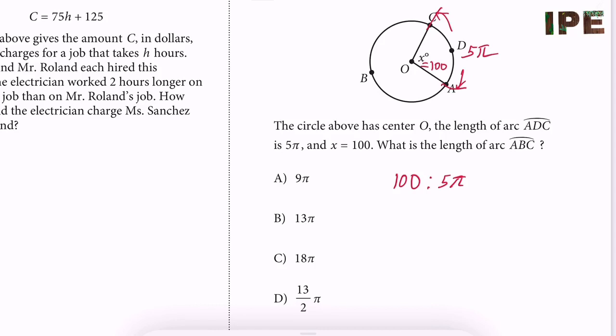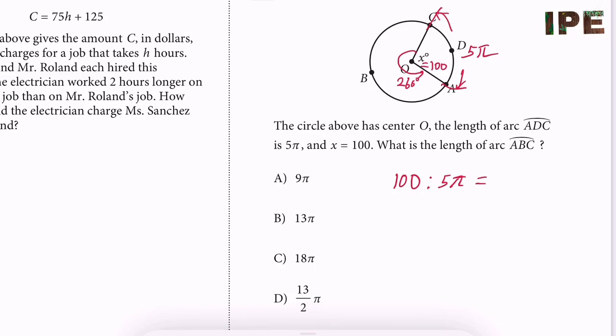So what about the other side, the central angle of arc CBA? This angle is 260 degrees, because all the way around the circle the central angle is 360 degrees, and 360 minus 100 is 260.